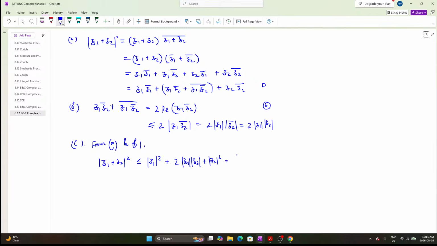And that's exactly just z1 modulus plus z2 modulus, quantity squared. And therefore, by taking square roots on both sides, you have z1 plus z2 modulus is less than or equal to z1 modulus plus z2 modulus. Okay, and we're done.